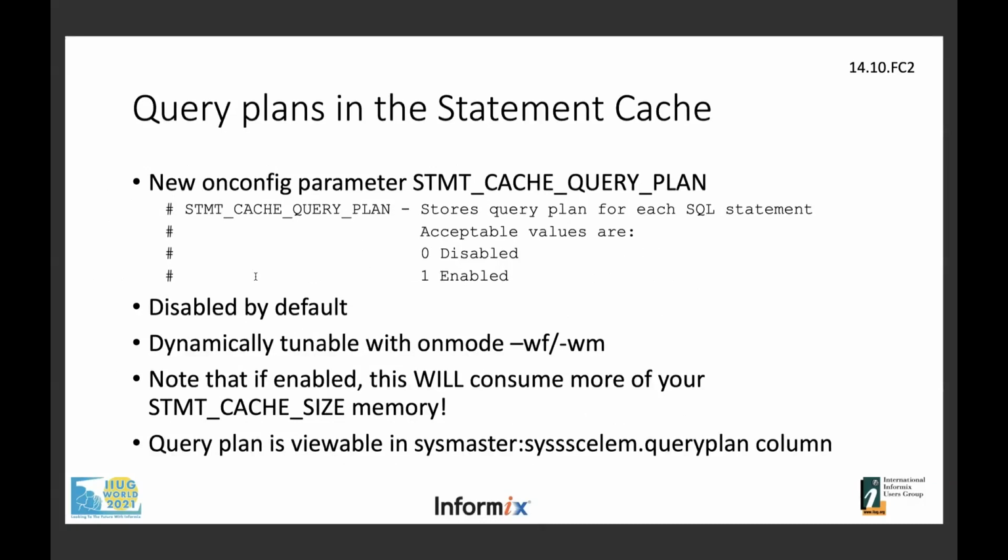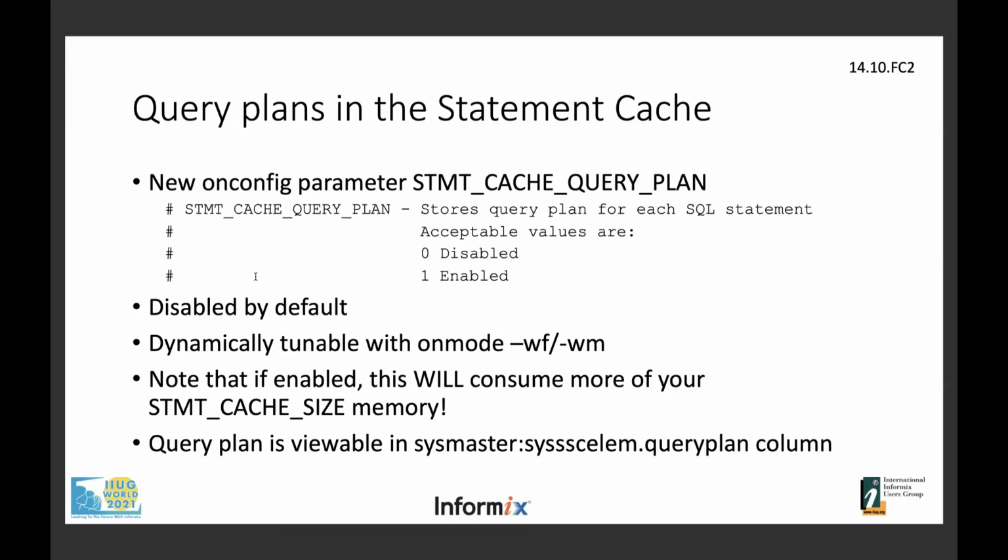It might just be one particular query that has changed its query plan, and that's wreaking havoc on the whole system because it's an aggressively used query. It went from an index lookup to a sequential scan, and now all of a sudden all the CPUs are pegged out, and what's going on here? There's no good way to figure out what in the statement cache is actually the problem.